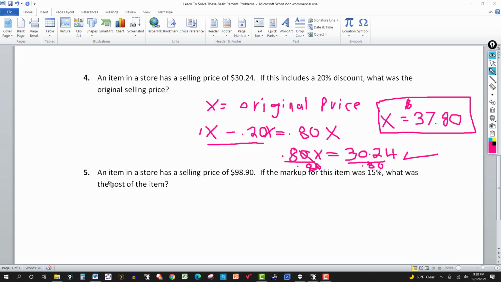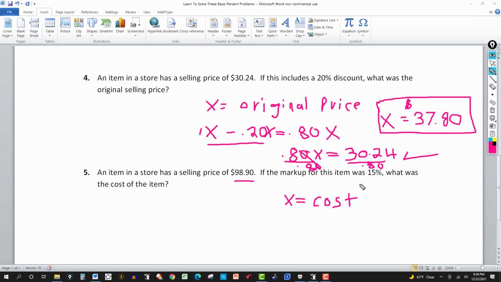Number 5, an item in a store has a selling price of 98.90. If the markup for this item was 15%, what was the cost of the item? So x is equal to the original cost. So you paid $98.90 for it, but it was marked up.